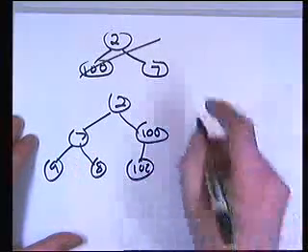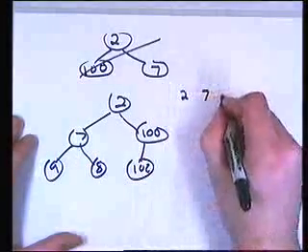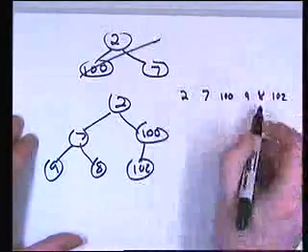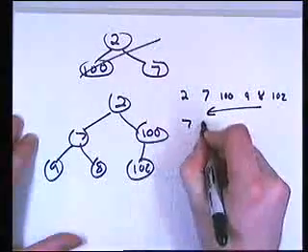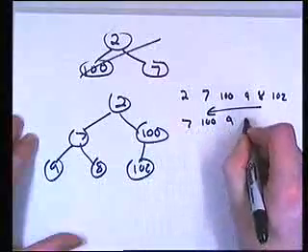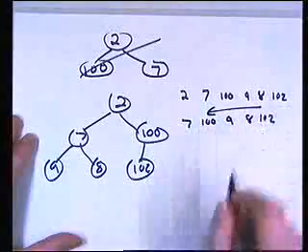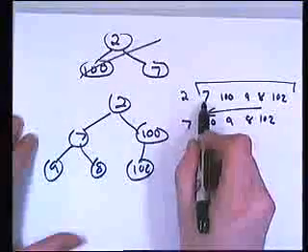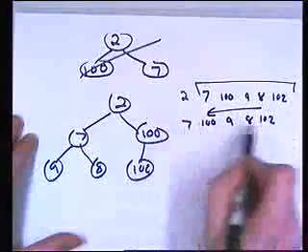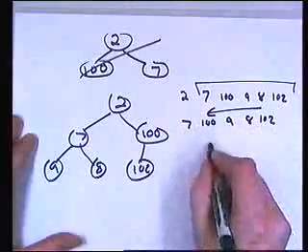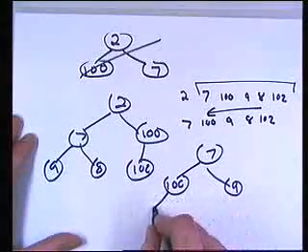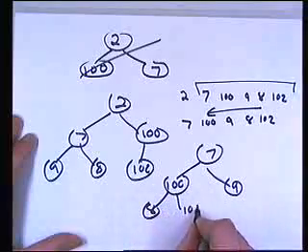If I did a shift of these, remember the array will be 2, 7, 100, 9, 8, and 102. If I do a shift over, I get 7, 100, 9, 8, 102. I shift these from cells 2 to n to 1 to n minus 1. Well, if you draw that out, you have 7, 100, 9, 8, 102.